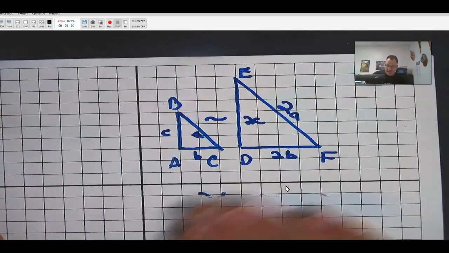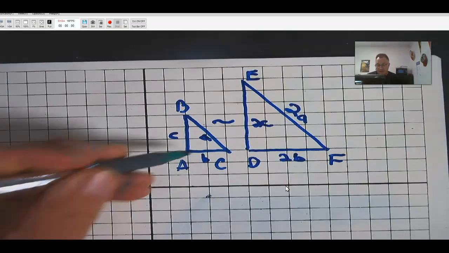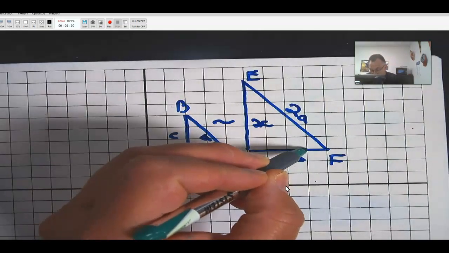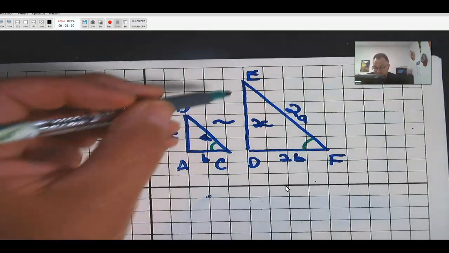Now, if triangles are similar, what is true about their angles? Is angle F twice as big as angle C? No, they're the same.